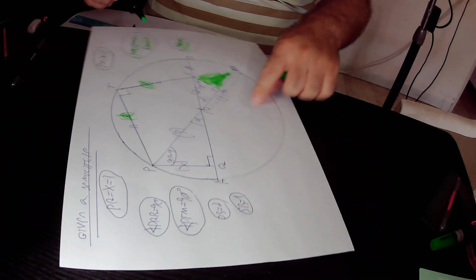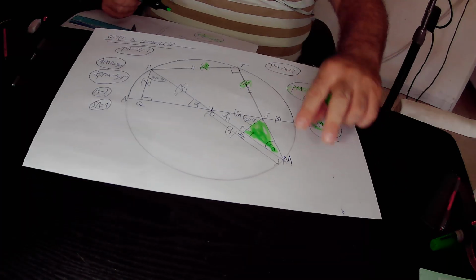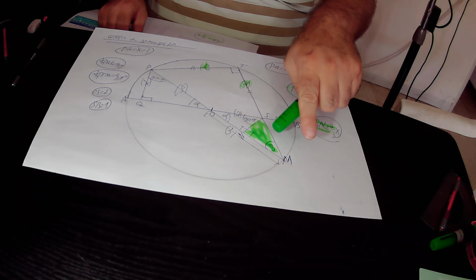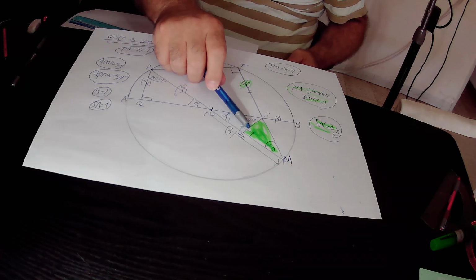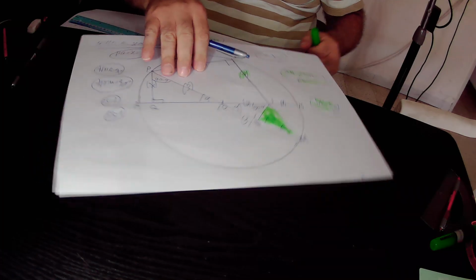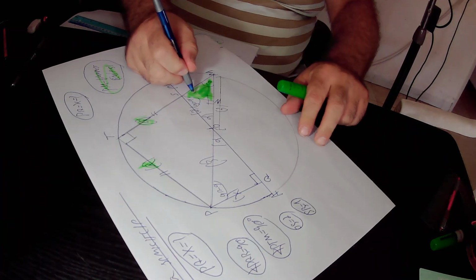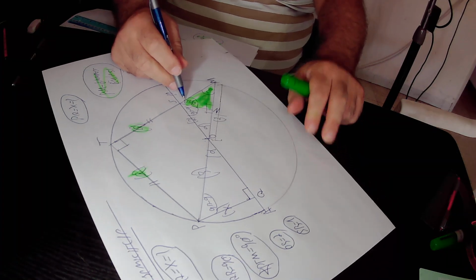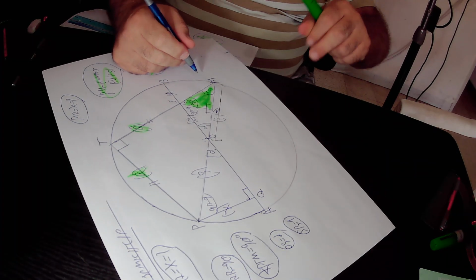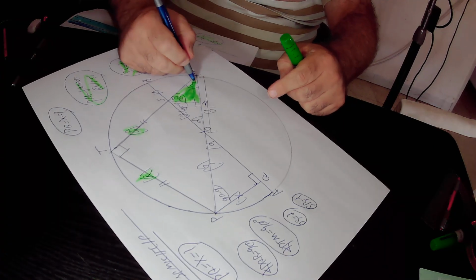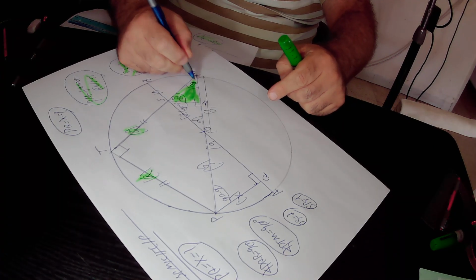In this small green right triangle SNM, this angle equals beta. This angle equals 90 degrees, and therefore this furthest angle must be equal to 90 degrees minus beta. Why? Because 90 degrees minus beta plus beta is 90 degrees, and 90 degrees plus 90 degrees equals 180 degrees. That is the sum of the angles in any triangle.